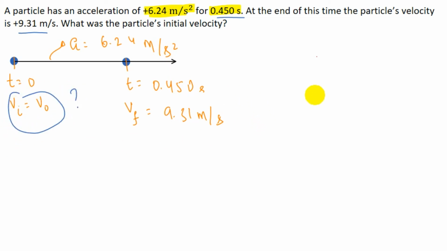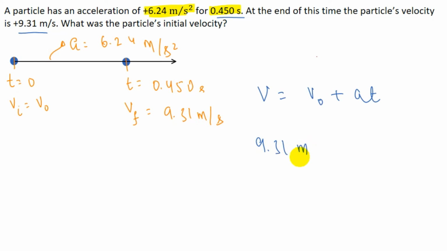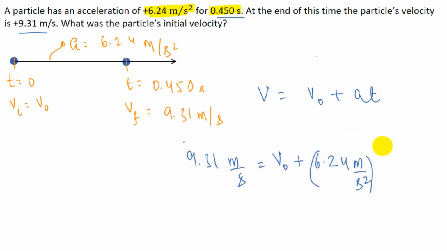Now since the acceleration is constant, we can use the equations of motion that we derived earlier. So v is equal to v0 plus at, this equation we derived. Now here this v is the final velocity, which we have 9.31. So 9.31 meters per second is equal to v0, the initial velocity that we have to calculate, as it is, plus a, which is 6.24 meters per second squared, multiplied with time.